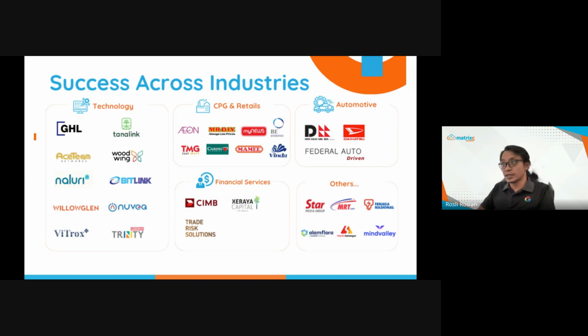As you can see, we work across multiple sectors, from technology companies like GHL and Tunneling, to financial services with CIMB and Seraya Capital, to major retailers like Aeon and BE International. Each industry has unique advantages when it comes to cloud migration and optimization.